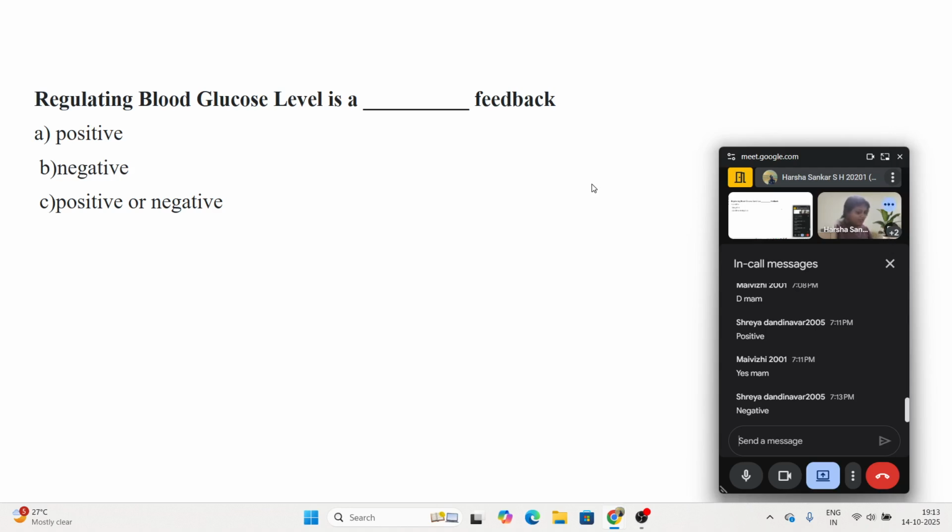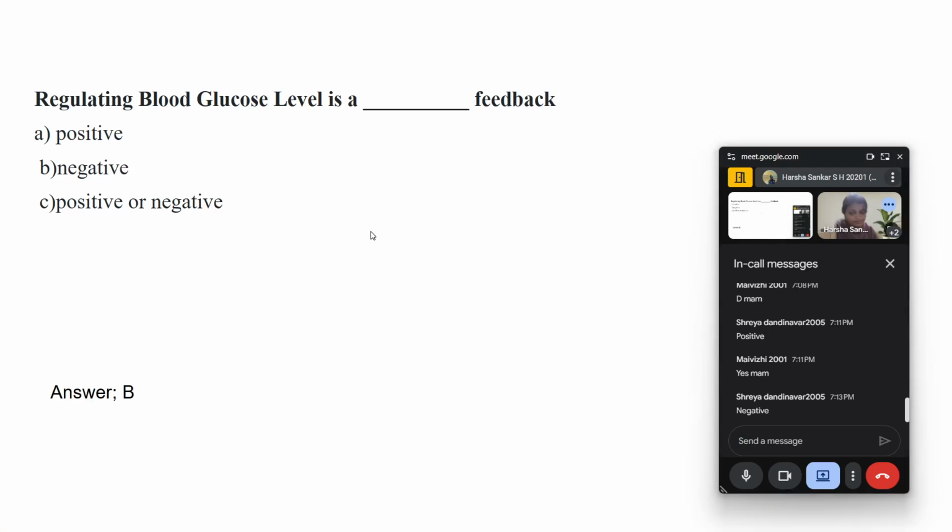Insulin will go and make it lesser, which means the direction of flow is opposite. Whenever glucose is high, more insulin will come and take up the glucose, right? It will make sure glucose is getting reduced. Since the direction is opposite, that's why we call it a negative feedback loop. Very good.